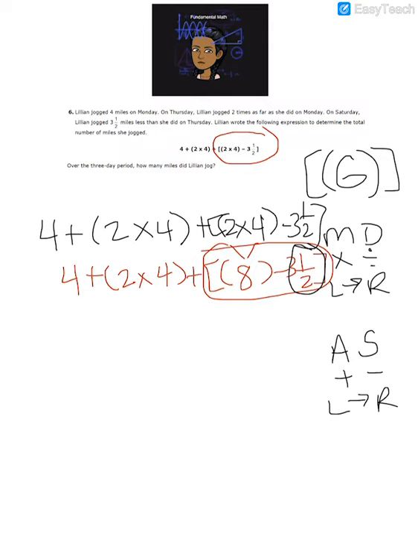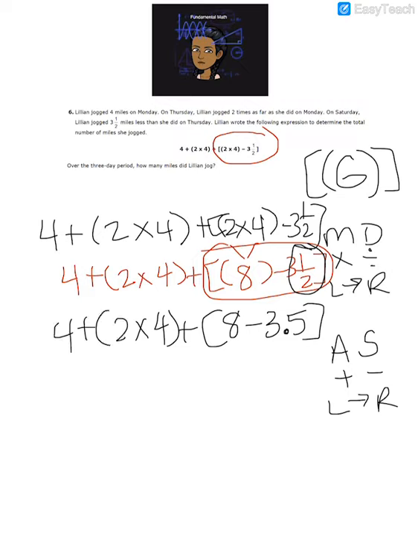Half of a dollar is 50 cents. So if I have 0.5, which is 5/10, I could rewrite this as 8 minus 3.5. And I'm going to bring everything else down again, so I can understand it completely.